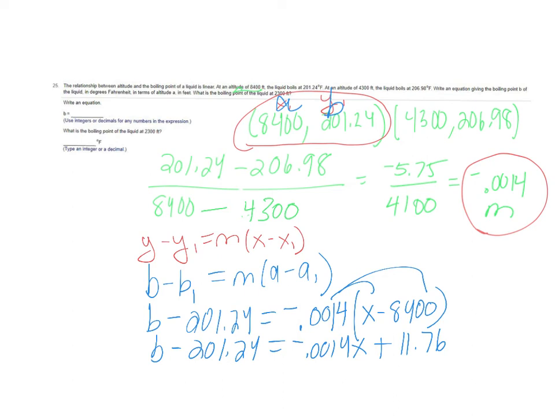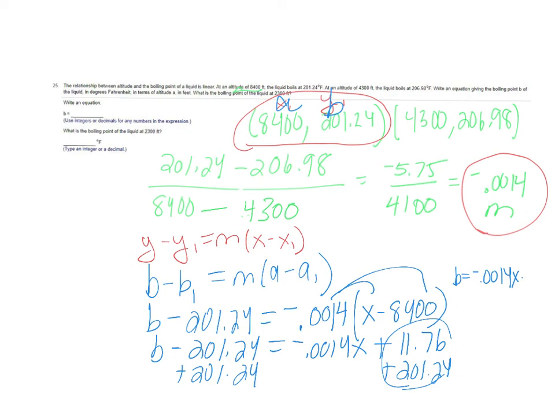And now I'm going to add this 201.24 to both sides. And so I'm going to have b equals a negative 0.0014x, and then I'm going to have to add these two together. 11.76 plus 201.24.